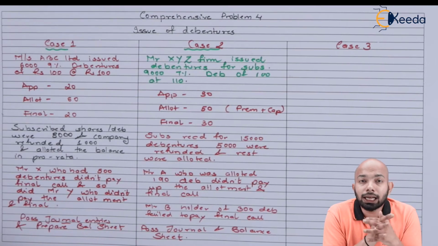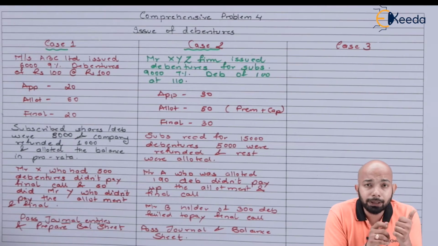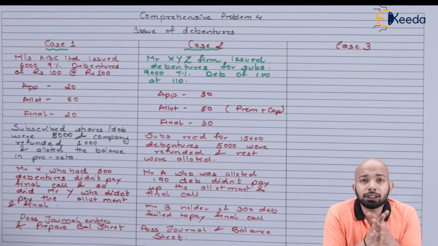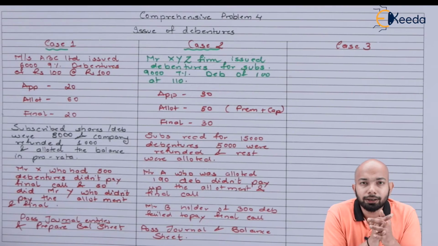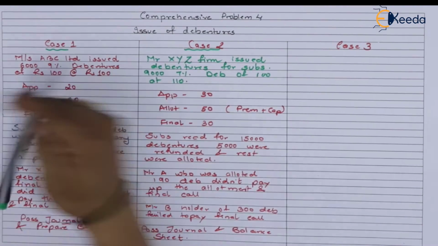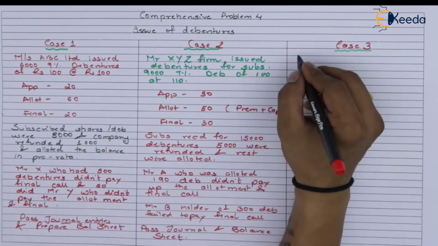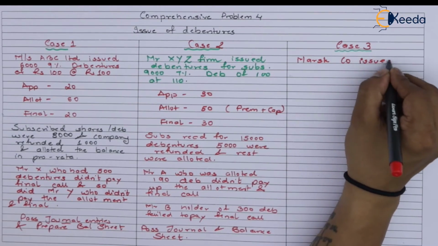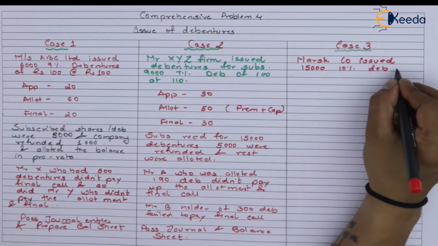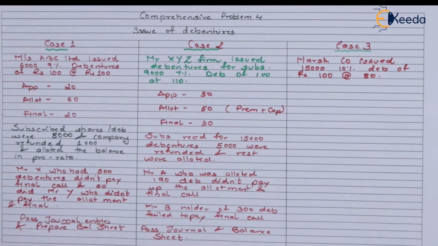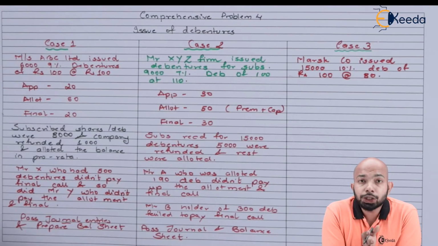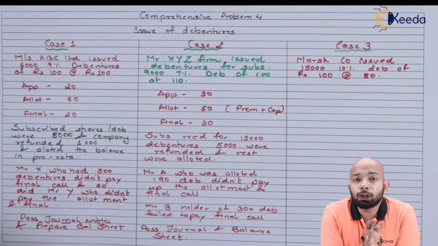Now let's go on to the last case, whereby if par has been done and premium has been done, now we have the discount here. Let's start with that. Now, Mask Company issued around 15,000 10% debentures of rupees 100 at rupees 80.